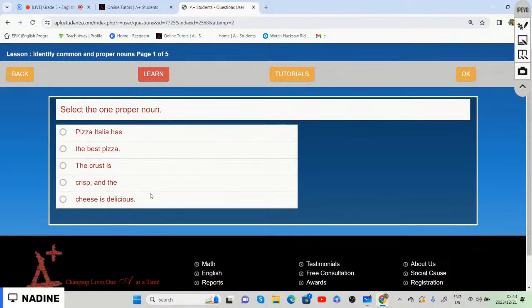Which option is a proper noun? So is it the first option, second, third, fourth, or fifth option? A proper noun, we capitalize. It is specifying either a name of a person, place, thing, or an idea.